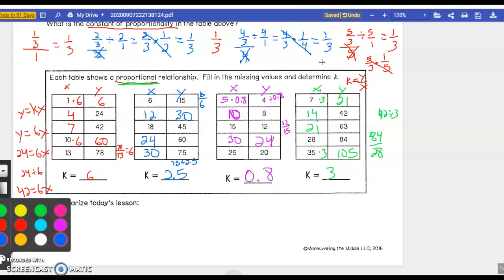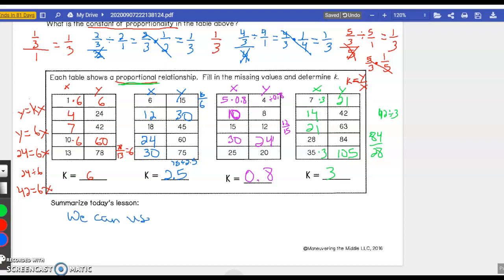So to kind of sum up our lesson, okay, we can use the constant of proportionality to find missing values.